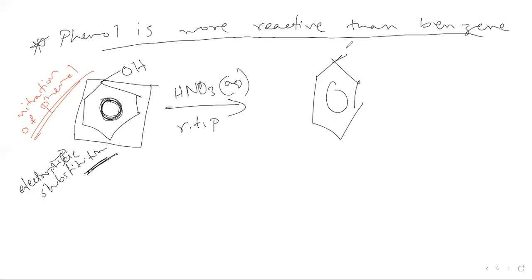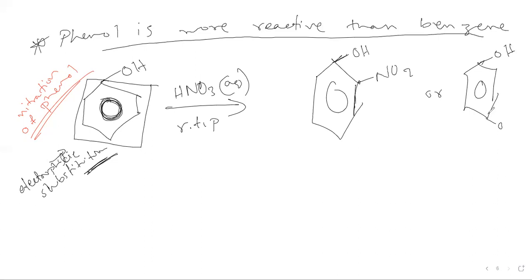Now what will be happening is that the phenol will remain as it is, but since a nitration reaction is happening, there will be an NO2 group, which will be either on the second carbon or on the fourth carbon.